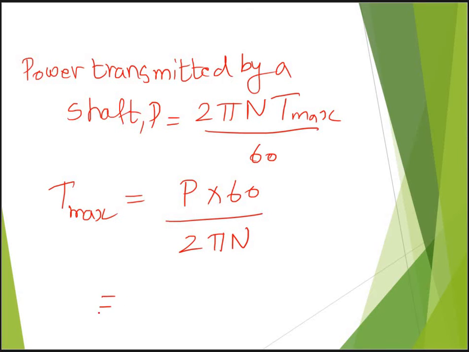From the question, it is given that power is 15 kilowatt and n is 200 rpm. 15 kilowatt we are writing in watts, 15 into 10 raised to 3 into 60 divided by 2 pi into 200.